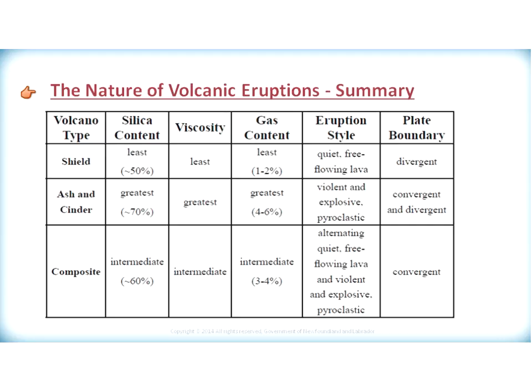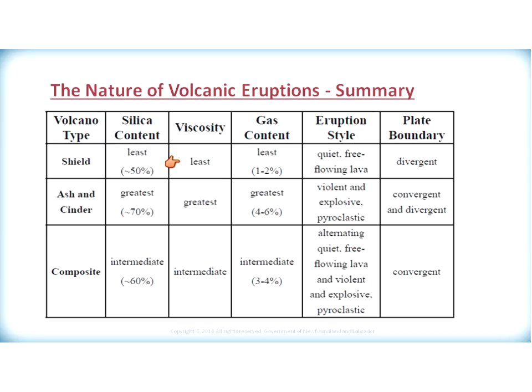Let's have a look at the nature of volcanic eruptions and compare the different plate boundaries with the different types of volcanoes. Shield volcanoes tend to have the least amount of silica, approximately 50% by composition. Because they have low silica content, they have the least viscosity.